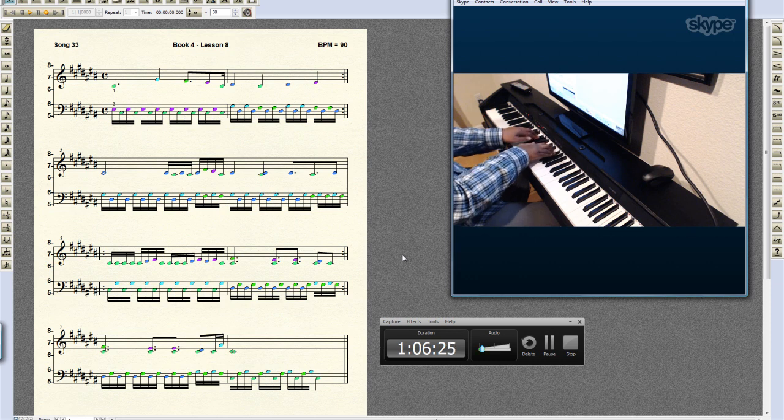That last note in the right hand is a what?